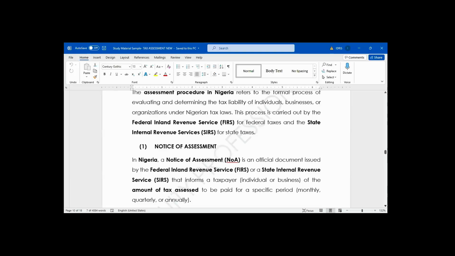When a tax authority comes to do a tax audit, they review your records based on your return filed under self-assessment. They will do it on 4 years' account, 5 years' account, 6 years' account.